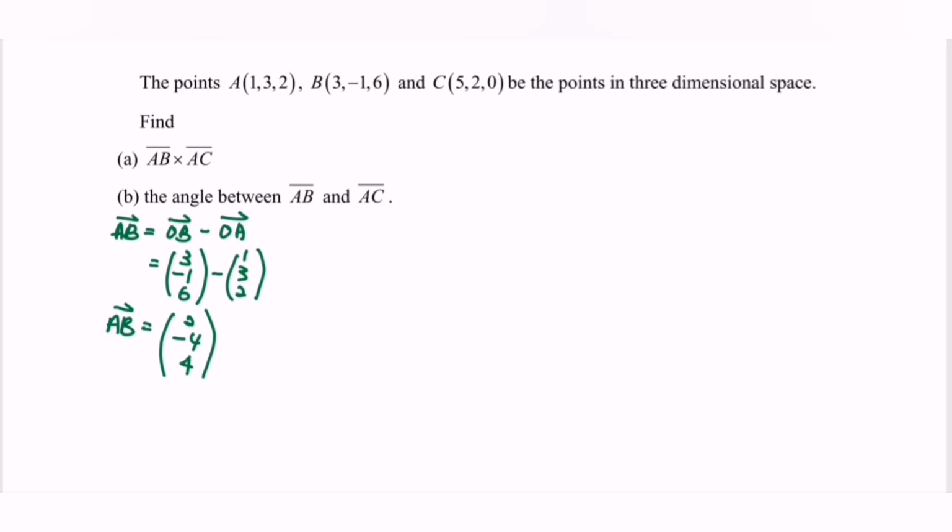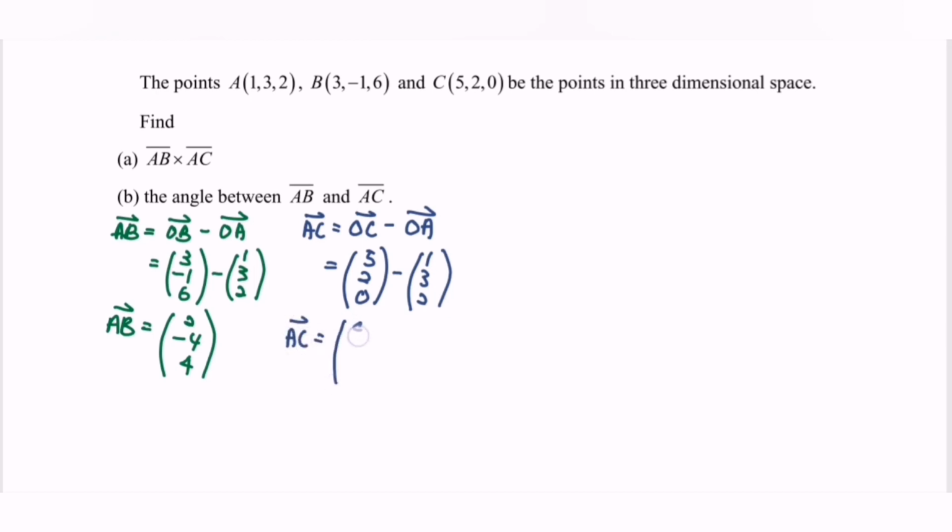Next, continue with the vector AC, where we have OC minus OA. So OC will be (5, 2, 0), followed by OA, where we have (1, 3, 2). So the vector AC is equal to (4, -1, -2).